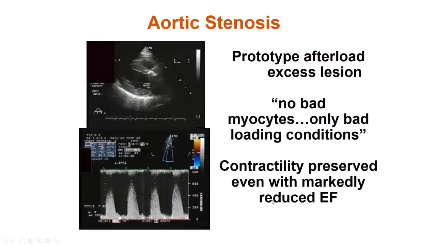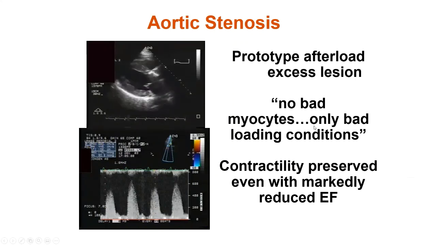Let's talk about aortic stenosis. This is the prototype afterload excess lesion. Now, you can see that this ventricle has a reduced ejection fraction, but if you actually extract the myocytes and examine their function, you might find that under normal loading conditions the function might actually be normal.